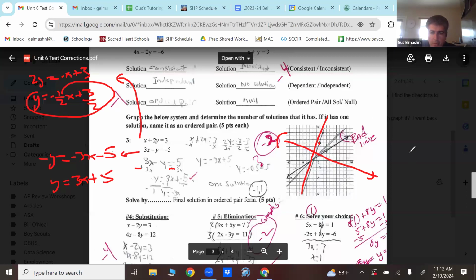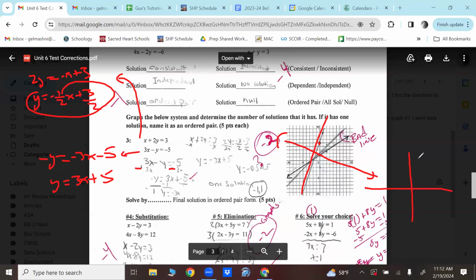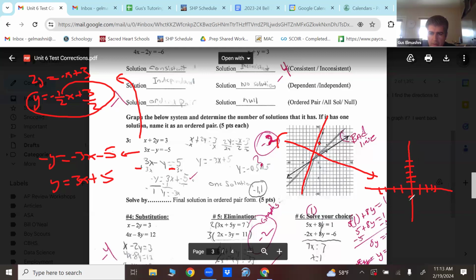Let me draw another coordinate plane over here. It makes it a little more accurate for us, so we can actually see what's happening. 1, 2, 3, 4, 5. 1, 2, 3, 4. 1, 2, 3, 4. 1, 2, 3, 4, 5. Okay, let's go to green. Down 3, right 1.